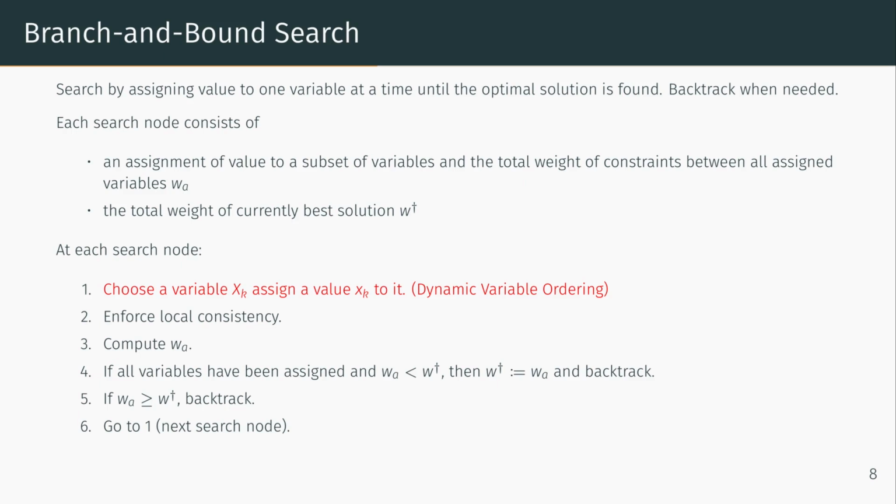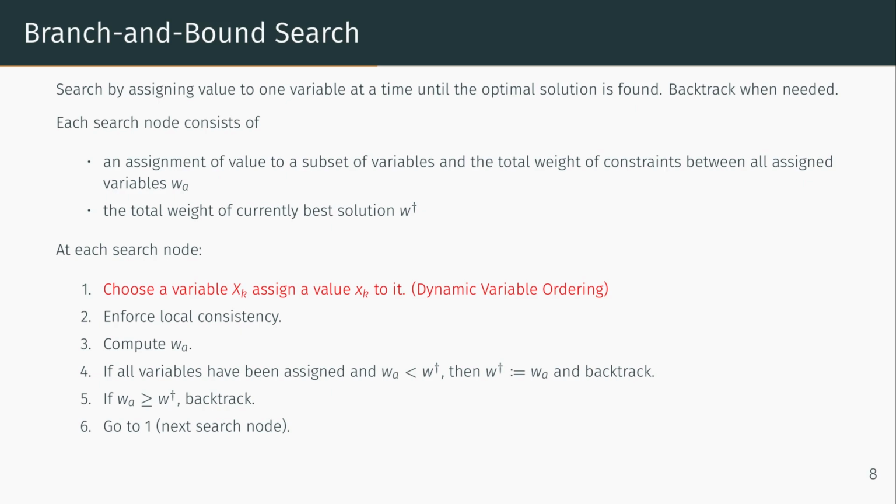And the second variable is the total weight of the currently best solution, W dagger. This is the best solution we know of from the beginning of the search history up to the current node.